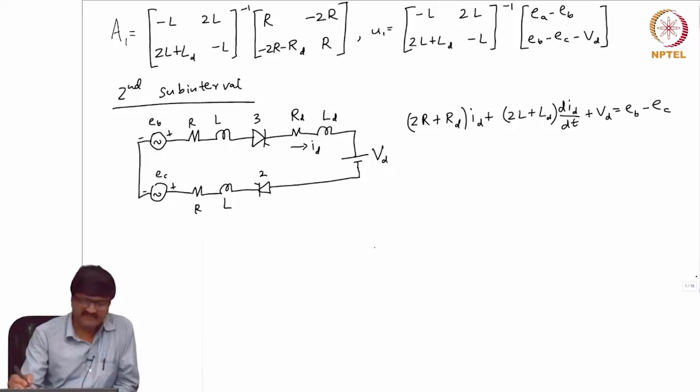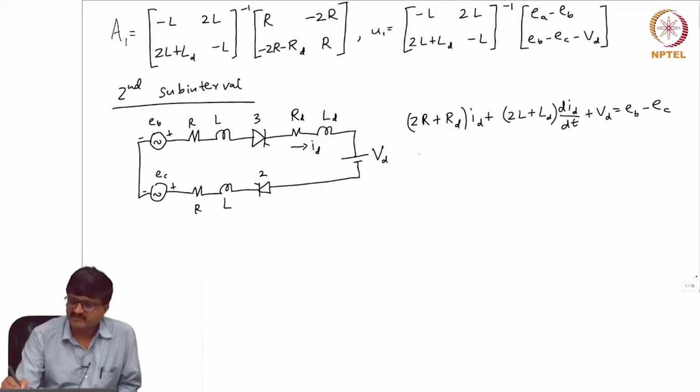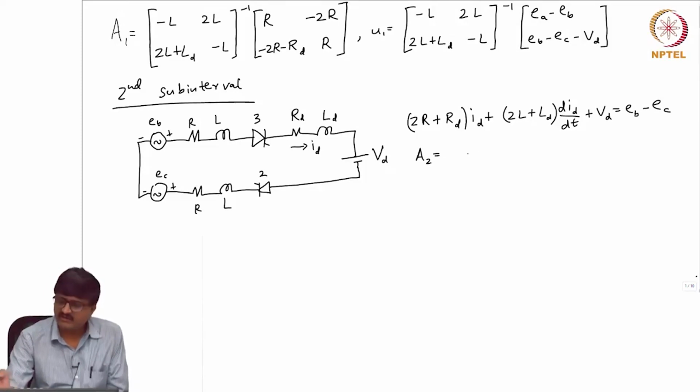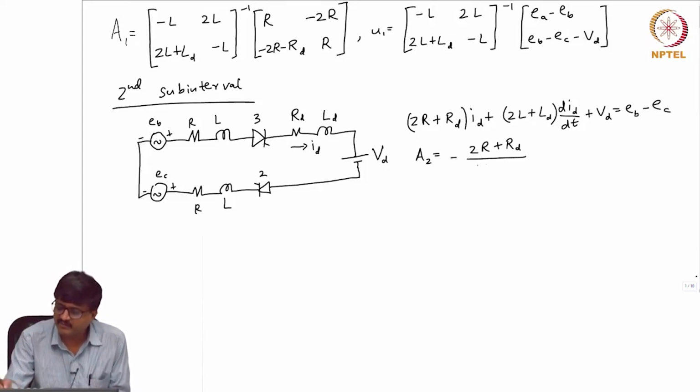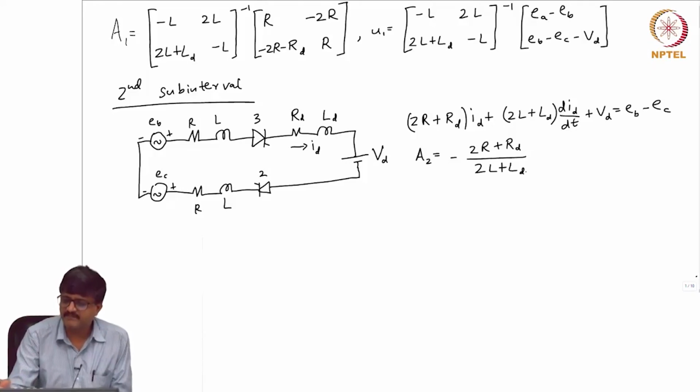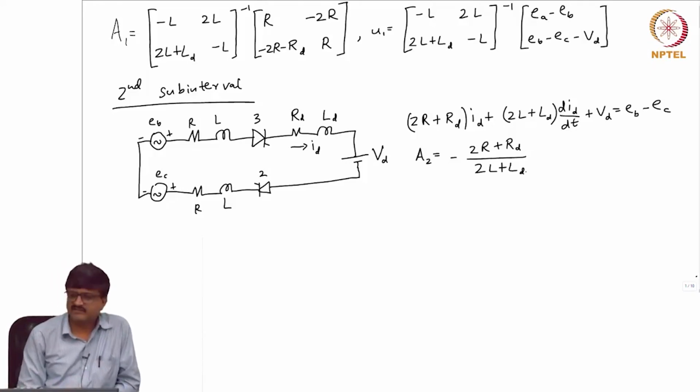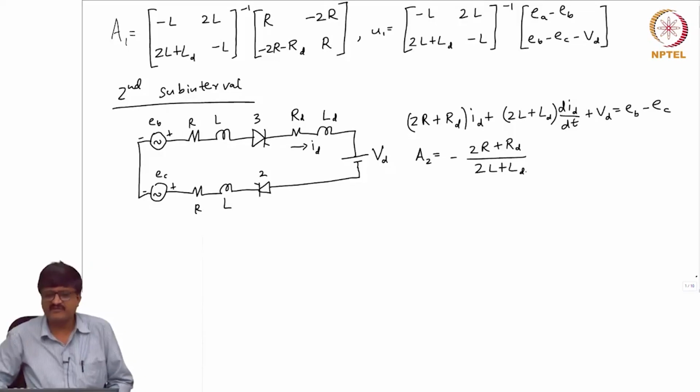So, if I write this in the standard form, I have dID by dt on the left hand side and the remaining terms on the right hand side. So, I get A2 as minus 2R plus RD divided by 2L plus LD. I am straight away writing A2. A2 is nothing but the coefficient of ID when I write this equation in the standard form.